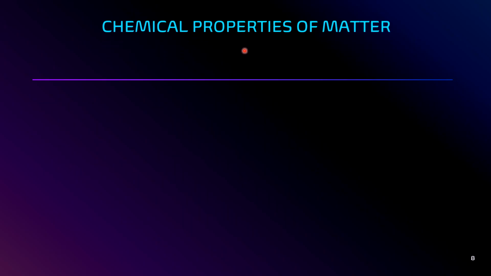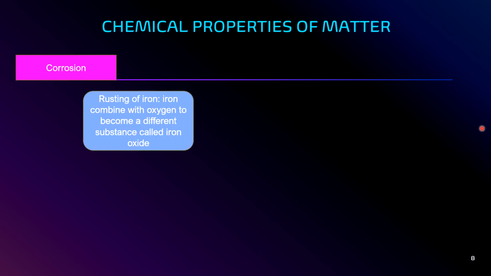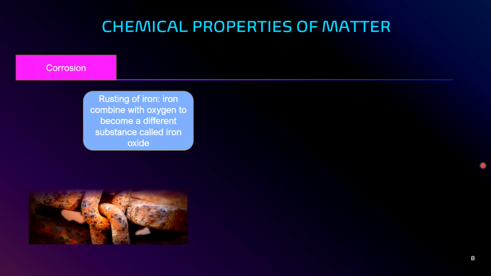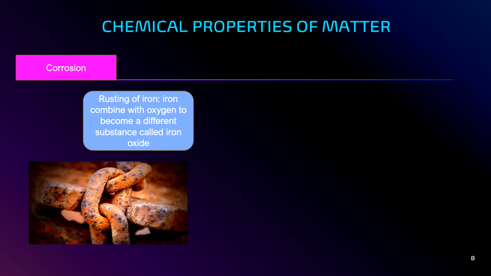For chemical properties of matter, the first one is corrosion. It means the rusting of iron, whereby the iron combines with the oxygen to become a different substance, which is called iron oxide. So we can see how the iron is rusting.